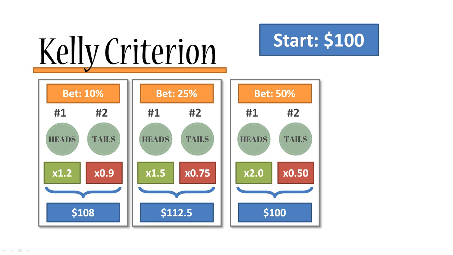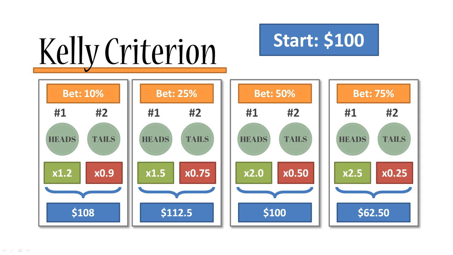And one more scenario, the one we've also already looked at, if we bet 75%, then overall our result after a pair of heads and tails is $62.50. So it's below our starting balance. So to start off with, 4 scenarios is sufficient. Let's plot these scenarios on a chart.